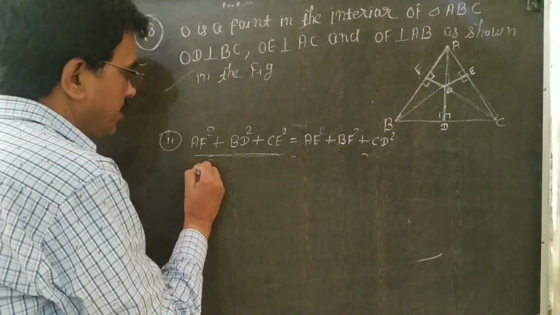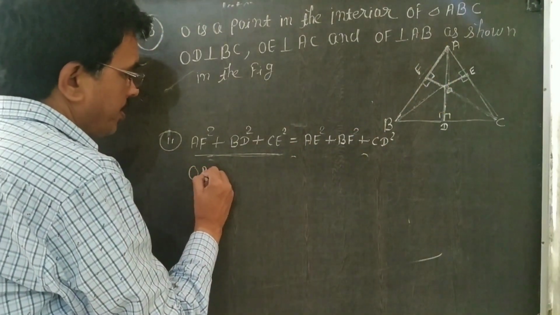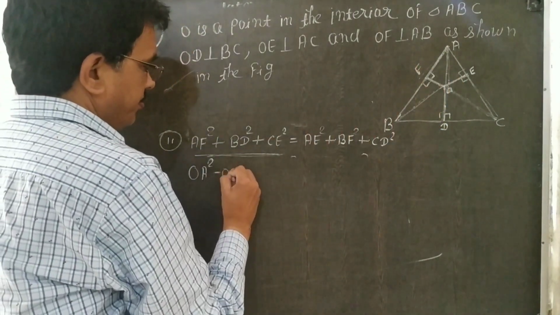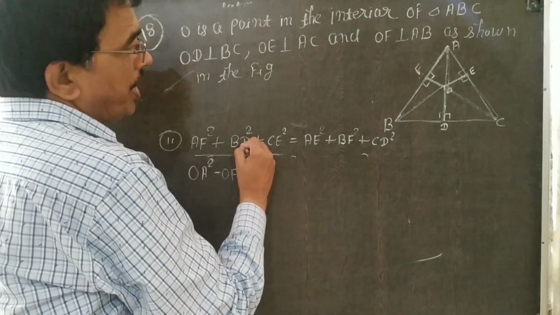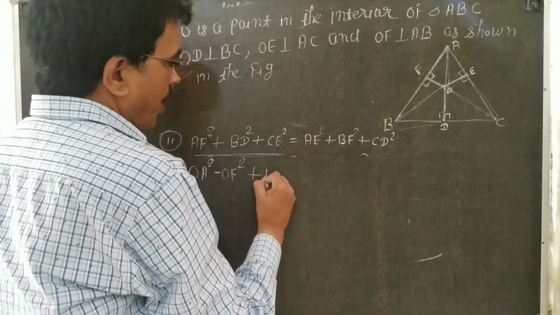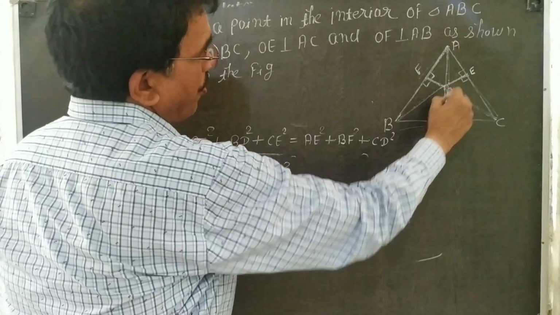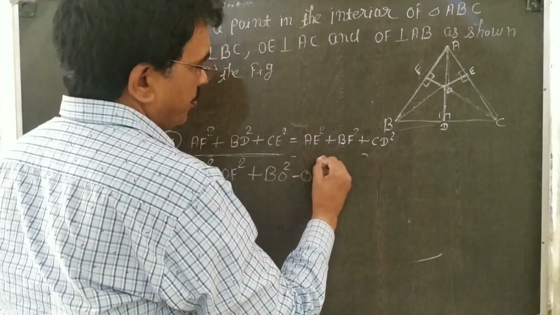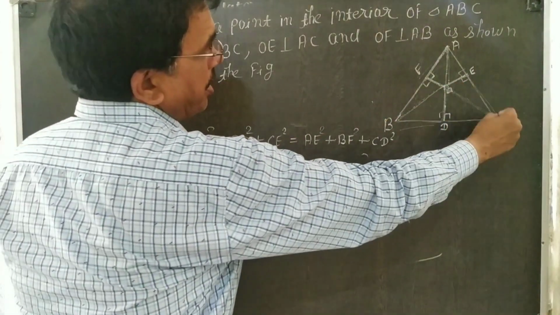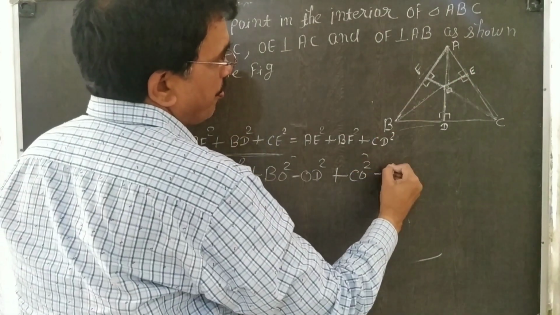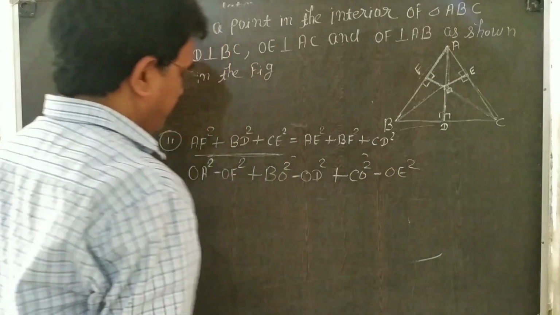AF square is OA square minus OF square, plus BD square, that is BO square minus OD square, plus CE square, that is CO square minus OE square.